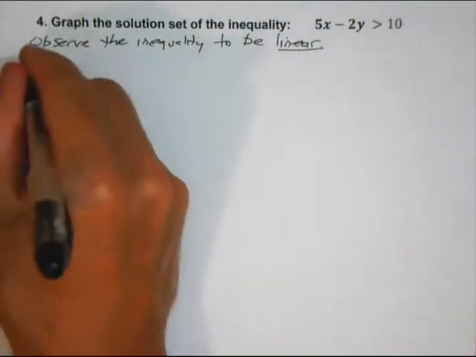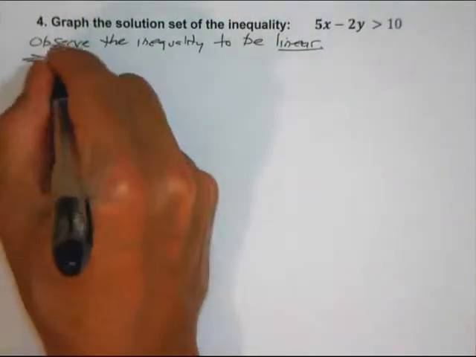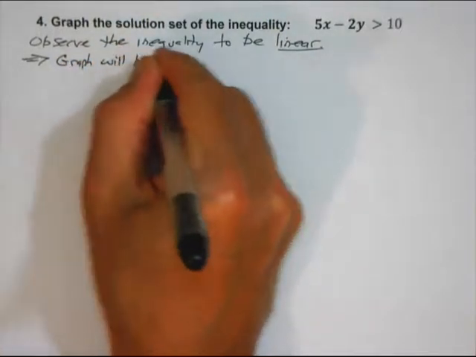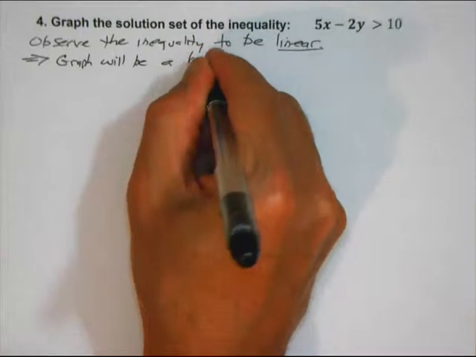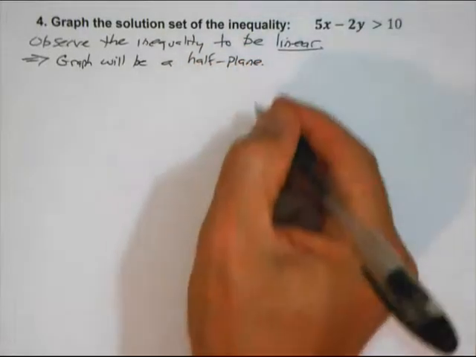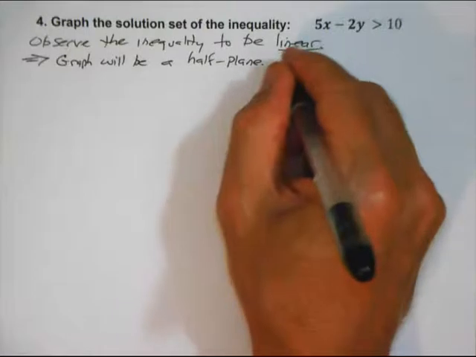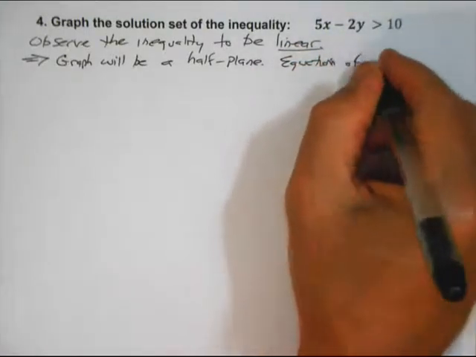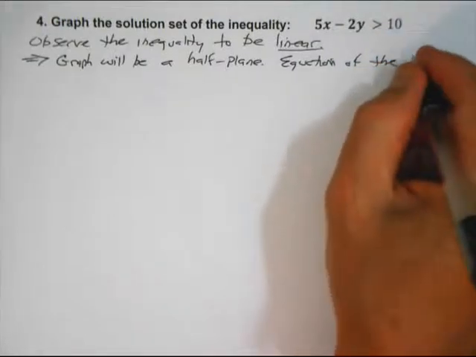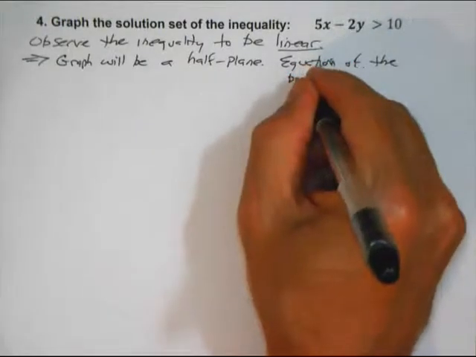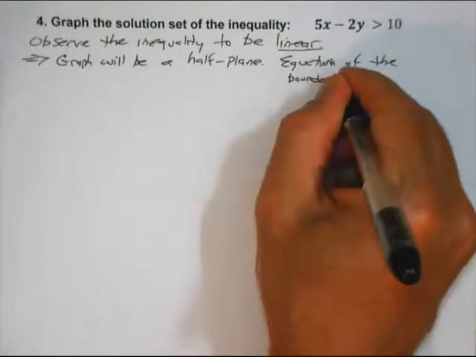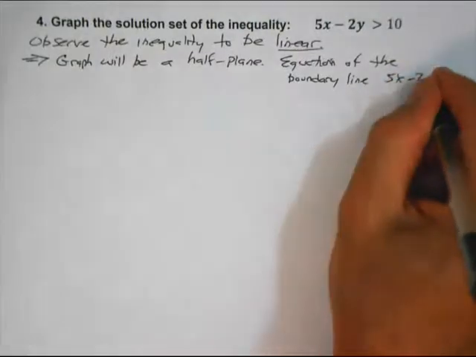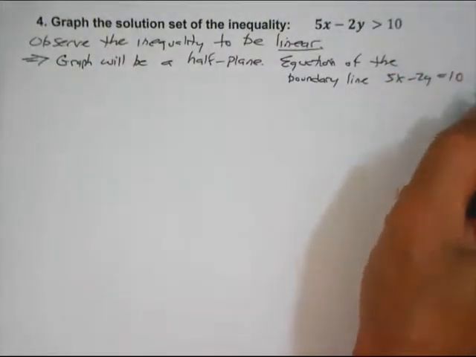So this means that the graph will be a half plane, and what we would like is the boundary line. The equation of the boundary line is 5x minus 2y equal to 10.